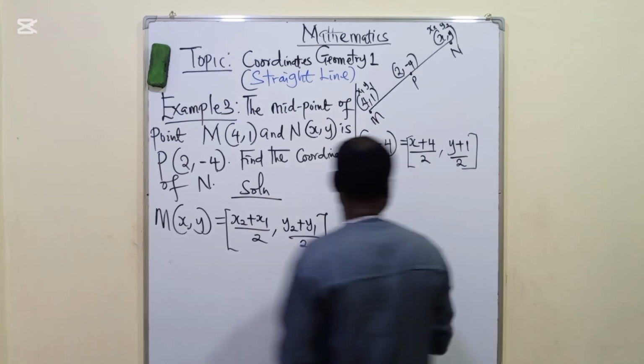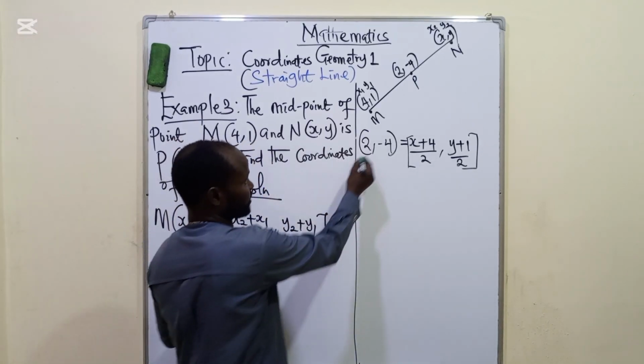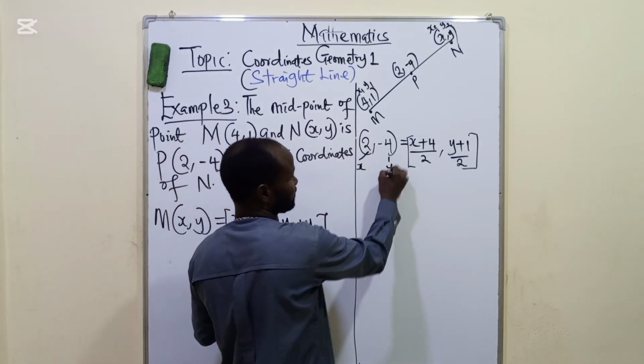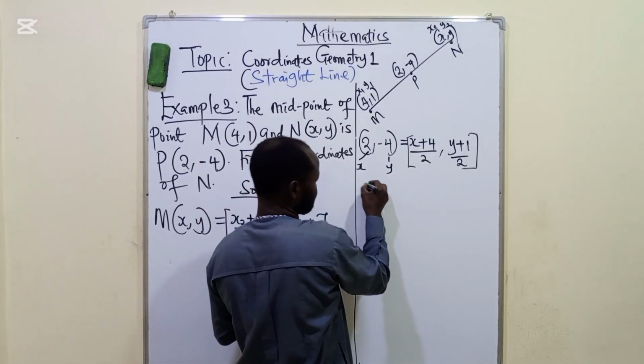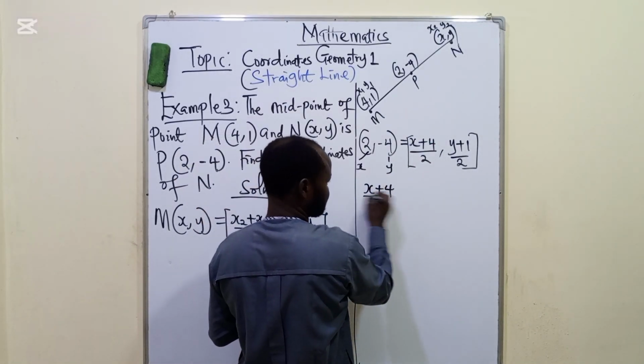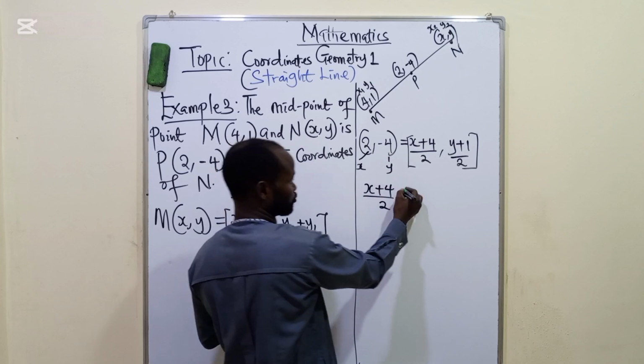Next is for us to relate this just by comparing, because this is x and this is y. Very important. It means (x + 4) divided by 2 will be equal to 2.